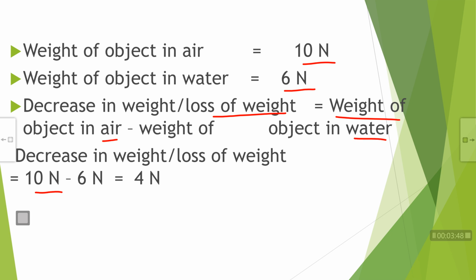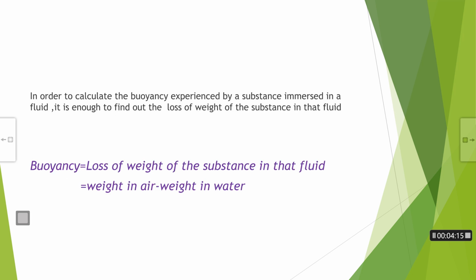So, weight of object in air is 10 Newton and weight of object in water is 6 Newton. So, it is equal to 10 Newton minus 6 Newton, that is 4 Newton. So, the loss of weight is 4 Newton. This loss of weight is same as the buoyancy.